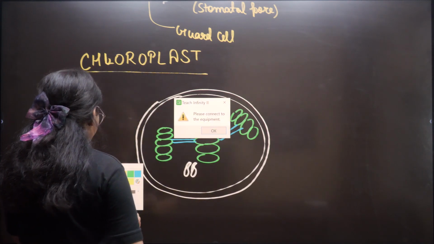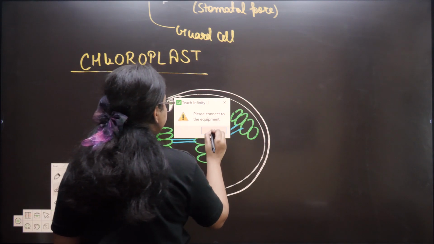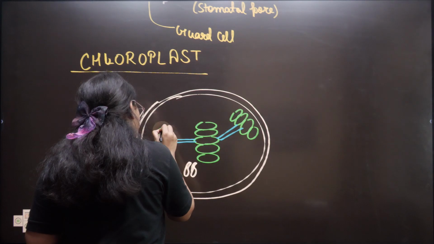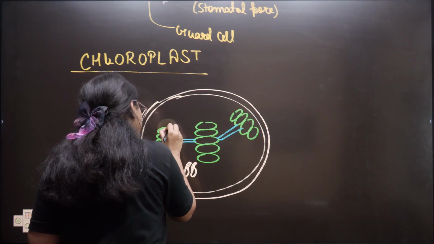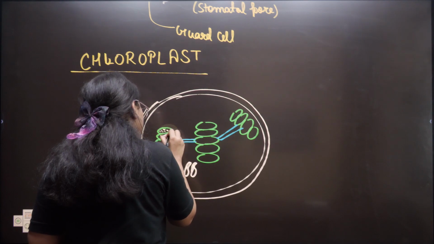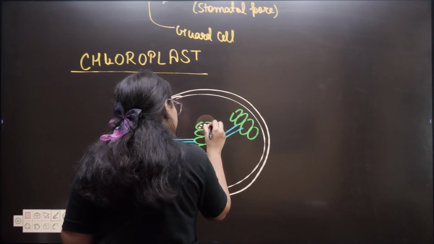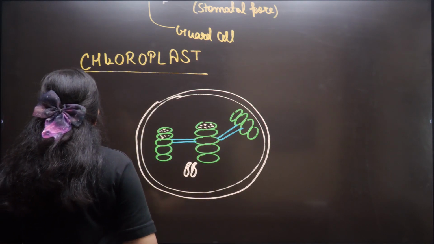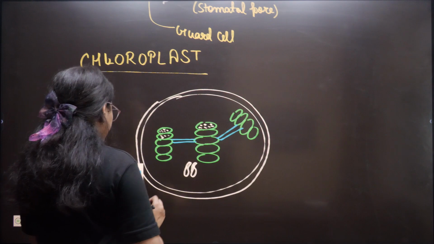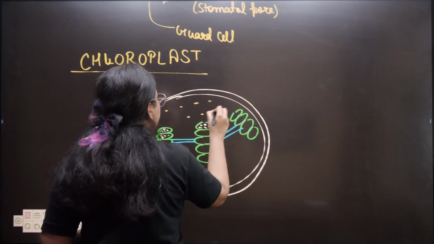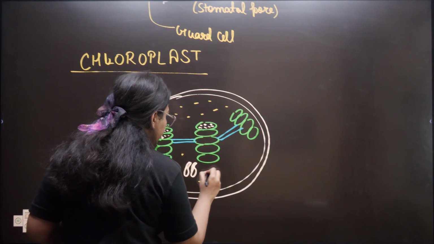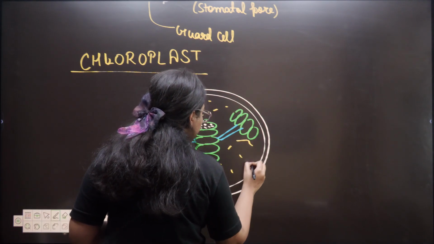And then inside it there is chlorophyll. You can see this chlorophyll here also. And then it will have ribosomes all over, this way.